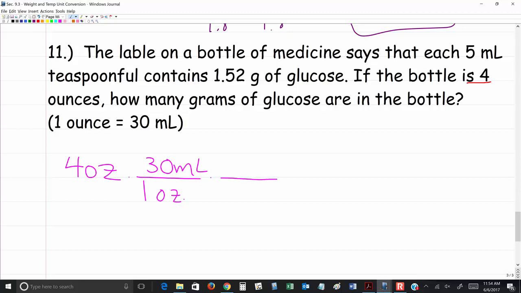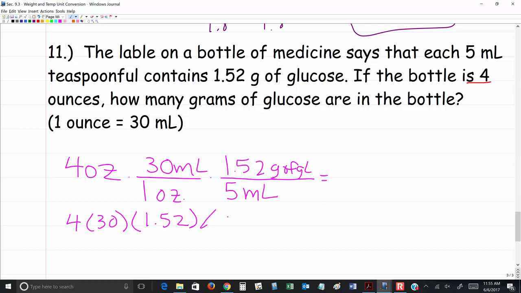And then for the glucose, we know that every 5 milliliters contains 1.52 grams of glucose. So that should do it. Then we just need to do 4 times 30 times 1.52 and divide by 5.